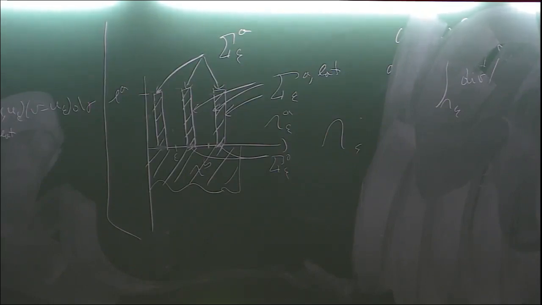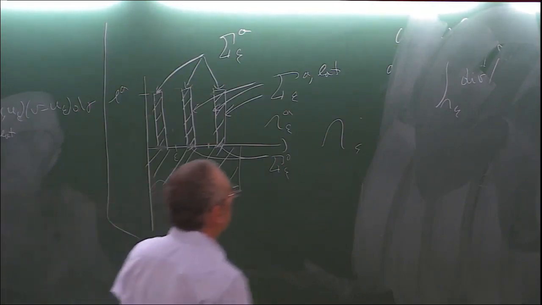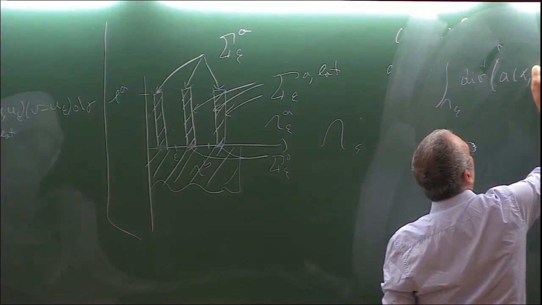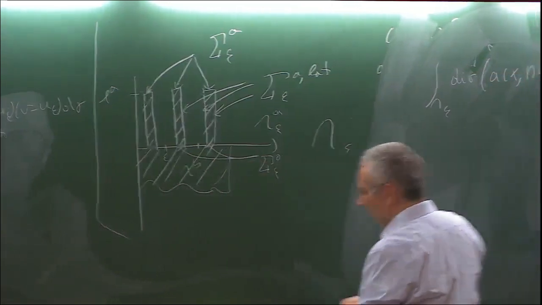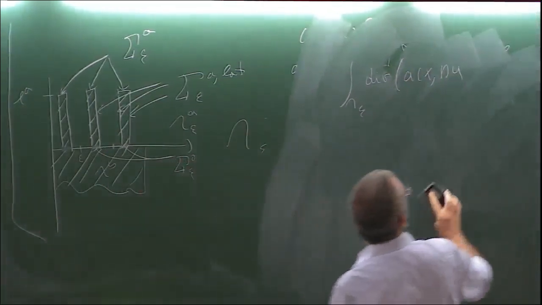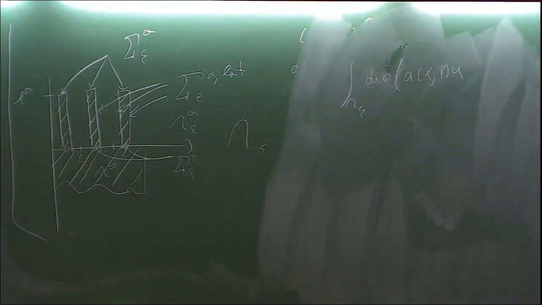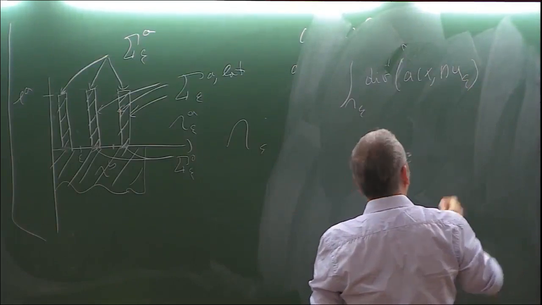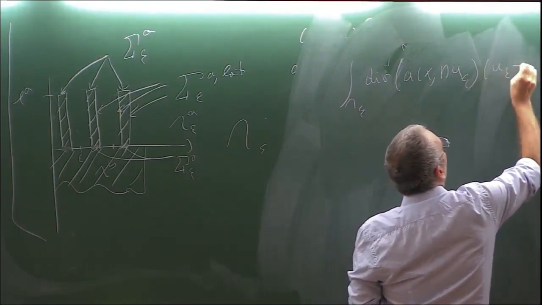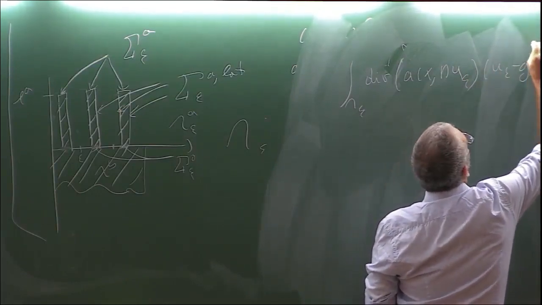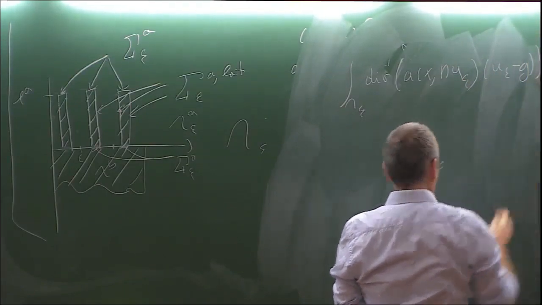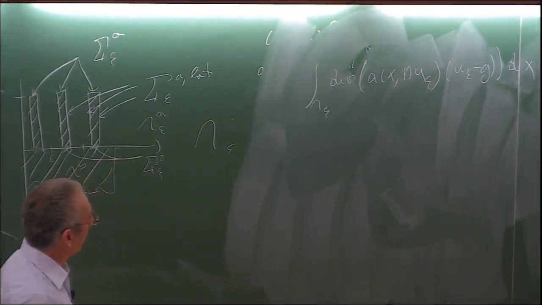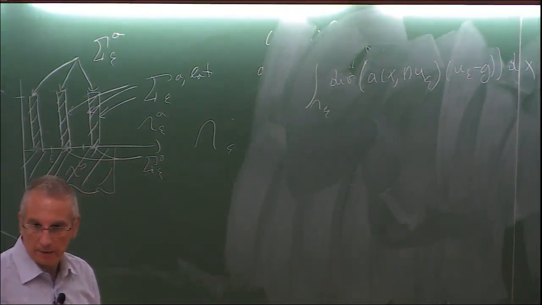What do we do? Start from this point, divergence of A of x gradient of u epsilon, times u epsilon minus g in dx.